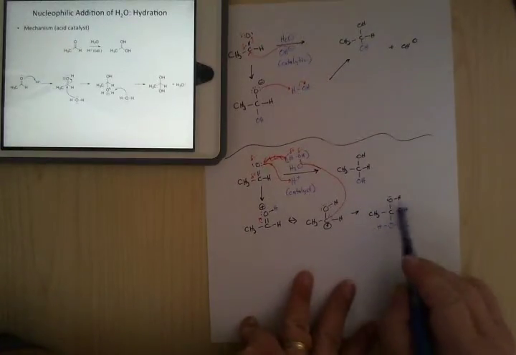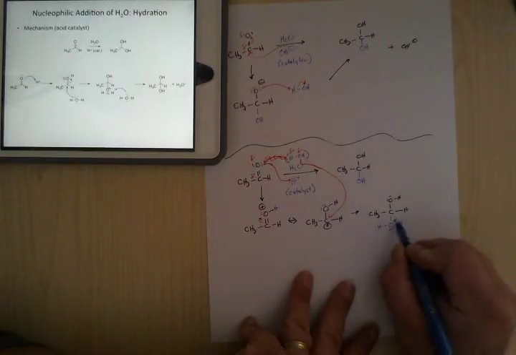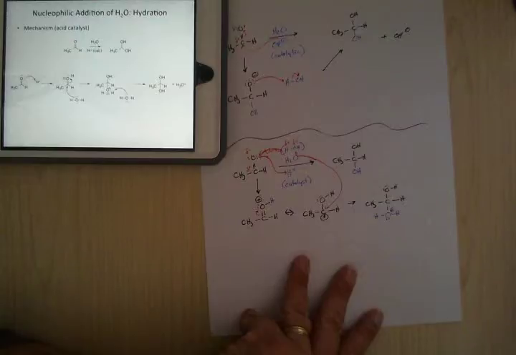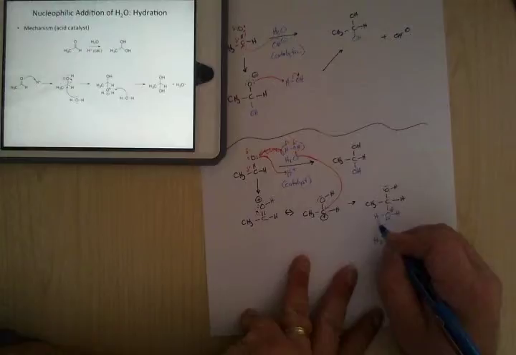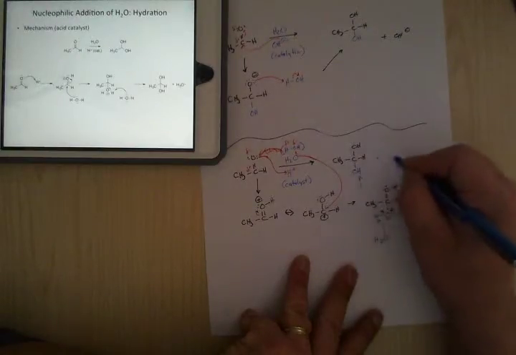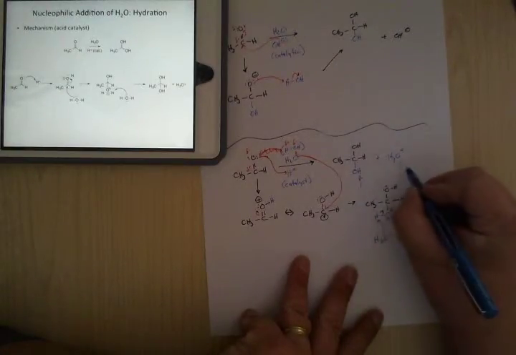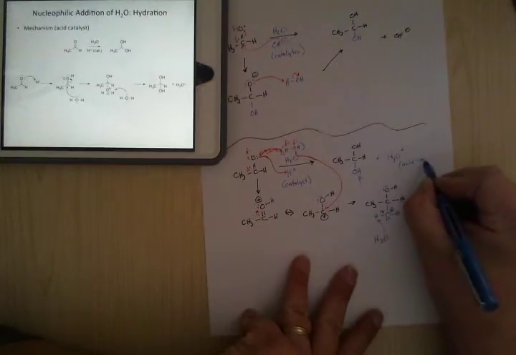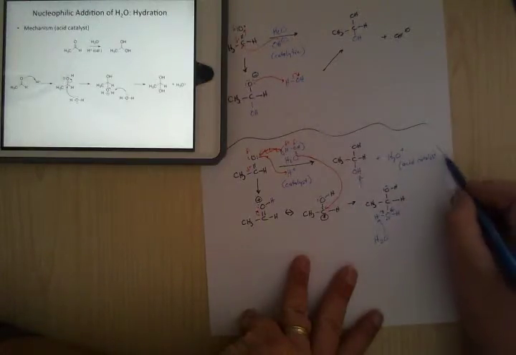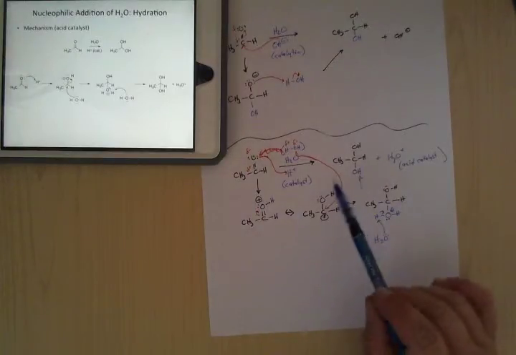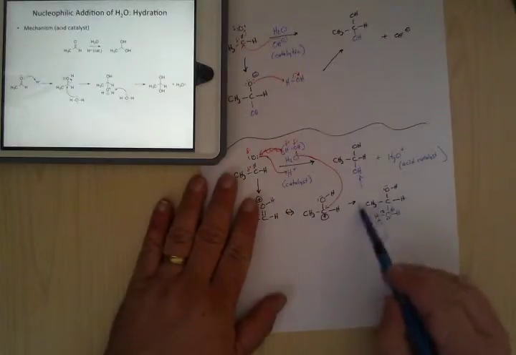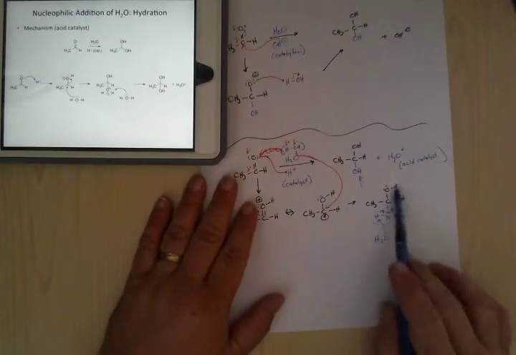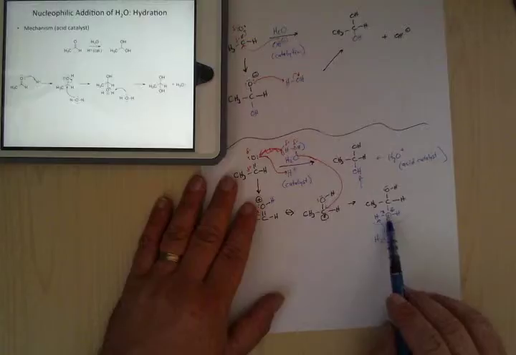So you made the OH plus what attacked it, right? But since this is positive, we're going to have another water come in, grab that. You end up with this plus H3O plus, which is just your acid catalyst. So basically what you're having to do is rejigger this thing so that you only have positive formal charges on here. But essentially you're going through the same intermediate, right? This OH with what attacked it.